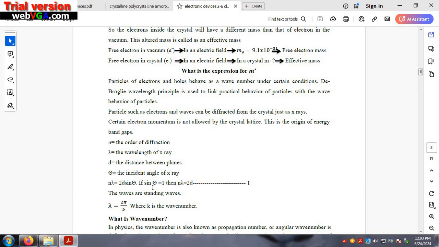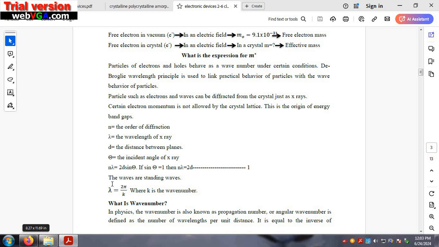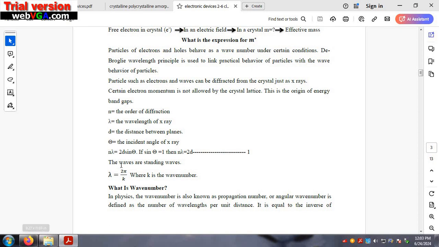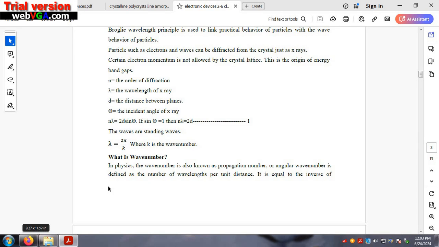If sin theta is 1, then from this equation n lambda equals 2d. Here the waves are standing waves, so lambda is 2 pi by k, where k is the wave number. What is wave number?